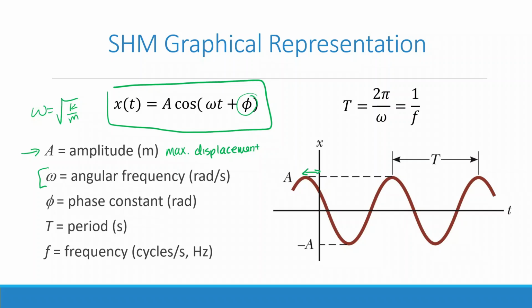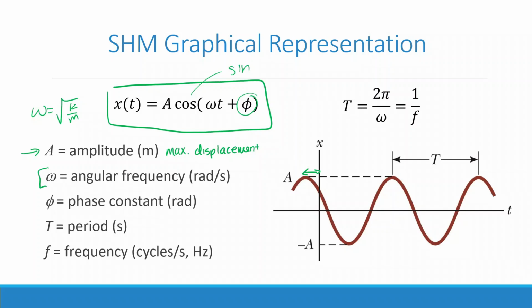Now, if you look at different textbooks, different websites, different tutorials will alternate between using a cosine function and using a sine function. Either is acceptable because both sine and cosine will meet the requirements to be solutions for the second order differential equation. I prefer using cosine.